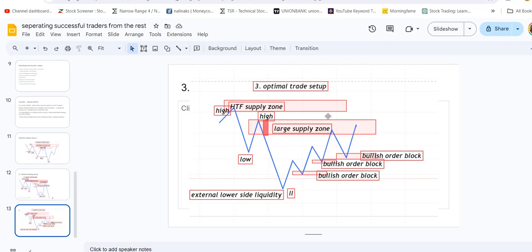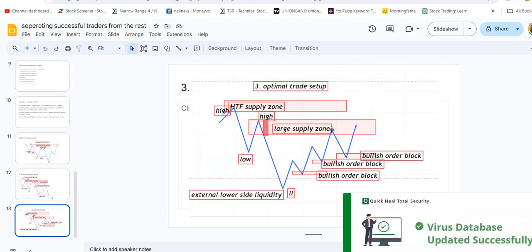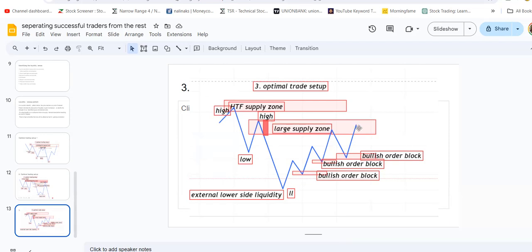Since it is a very large zone, it just taps into it, comes down and creates another bullish order block. It takes away all the stop losses created from this tapping, and then there is a large supply zone and it starts moving down.